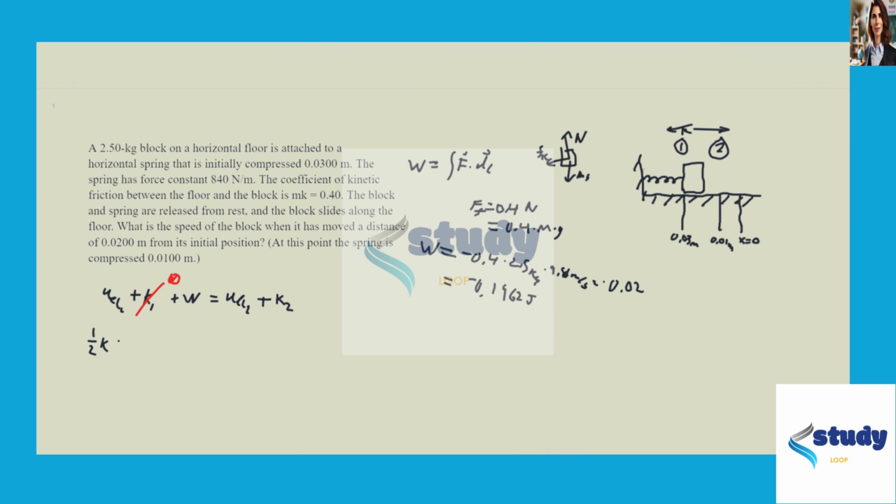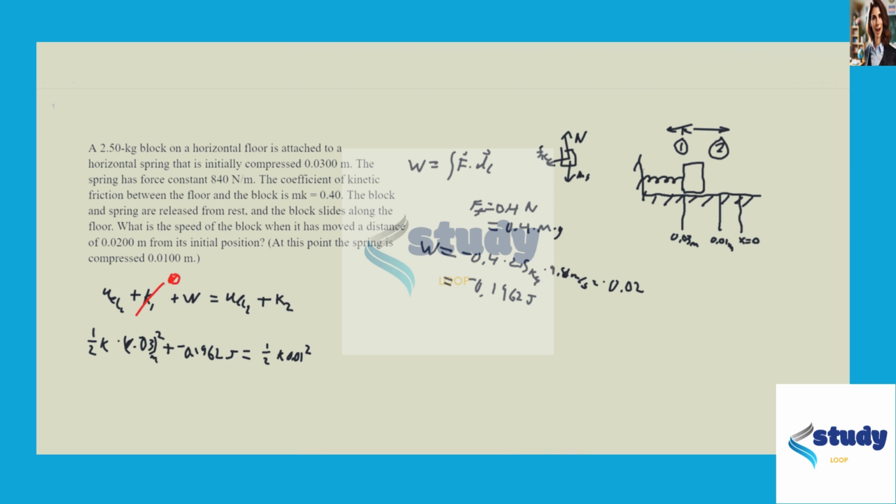The spring is compressed 0.03 at that point, so squared, plus this work, negative 0.1962 joules, is equal to 1/2 K times 0.01 squared, with units included.